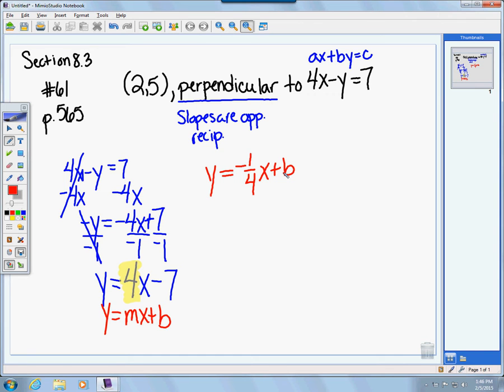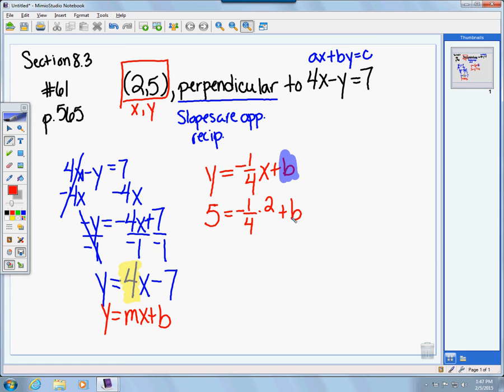The only thing that we have to figure out is, what is our y-intercept going to be? We already have our slope, so we have information to work with. We have an x value and a y value from our coordinate point. So we have 5 equals negative 1/4 times 2 plus b.